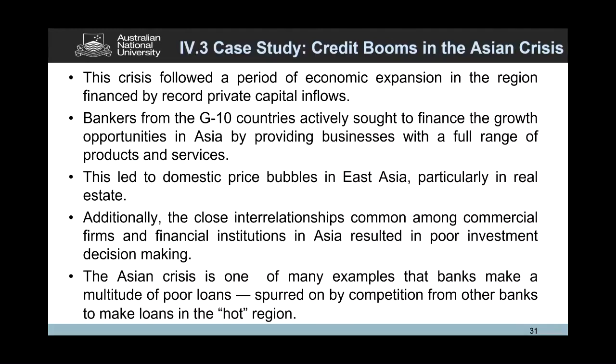So we have two cases in mind. The very first case is the credit booms in the Asian financial crisis, right? So basically, this follows from a lot of economic expansion from the inflow or the influx of foreign capital in the Asian region. So that led to domestic price bubbles in East Asia, especially in real estate.